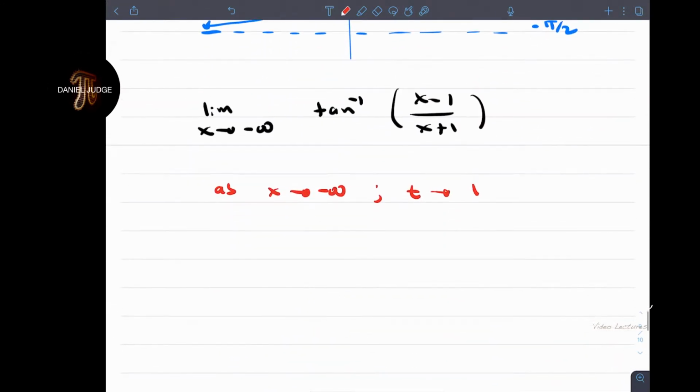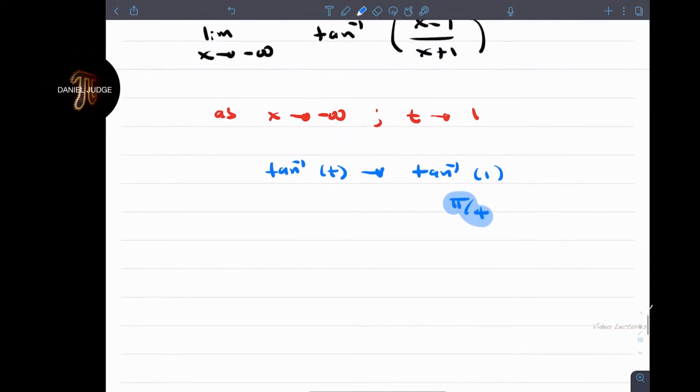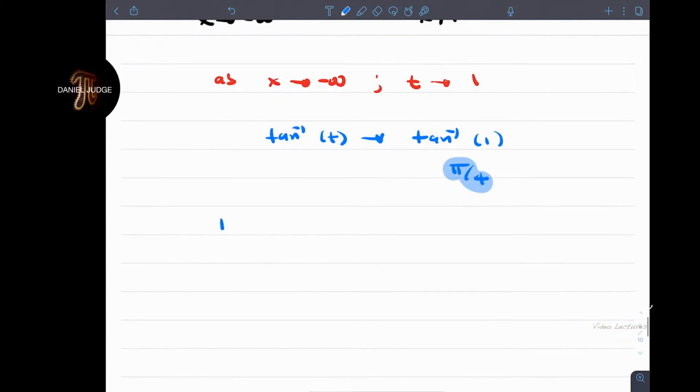So t goes to 1, which means inverse tangent of t goes to inverse tangent of 1, which is also pi over 4. So this goes to pi over 4 as well. So it looks like we have these, what are these called here? Horizontal asymptotes at y equals pi over 4 here.